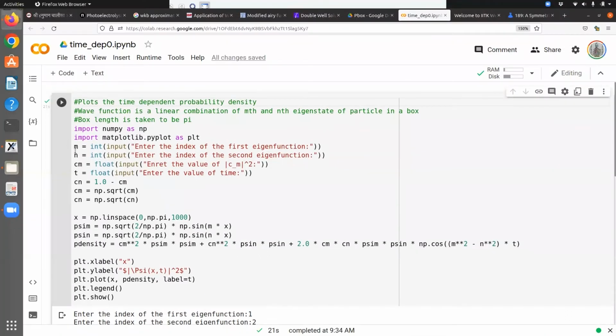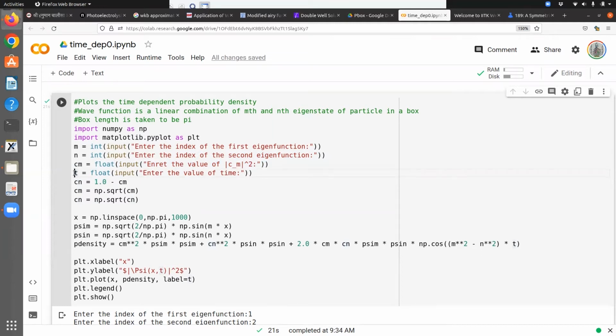So for example, in this region, the code will ask the user to input the index of the first and second eigenfunction. Then in this line, the code will ask the user to input the value of Cm square, and the value of Cn square is calculated here.